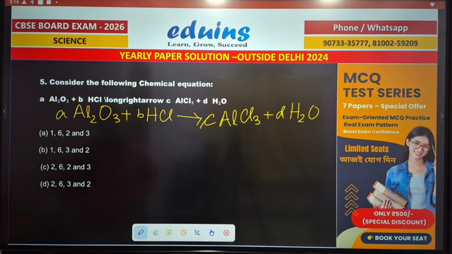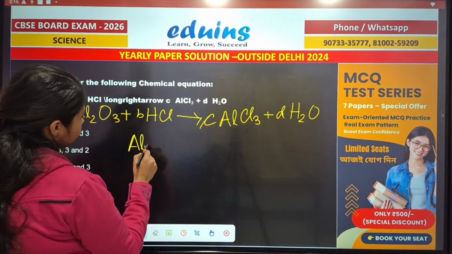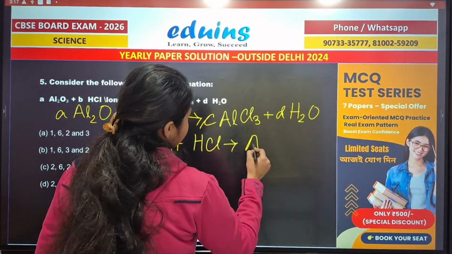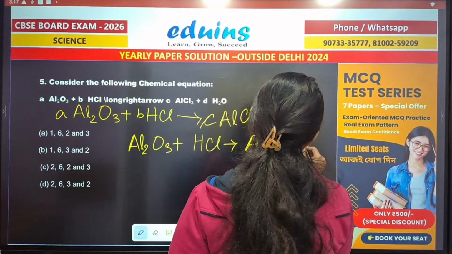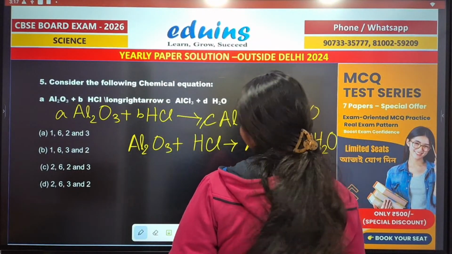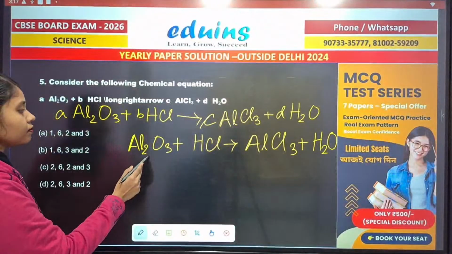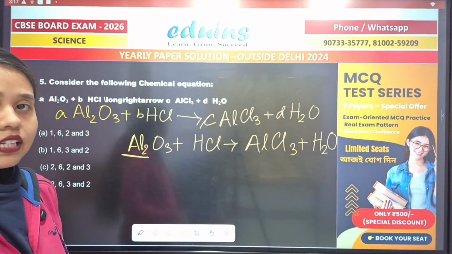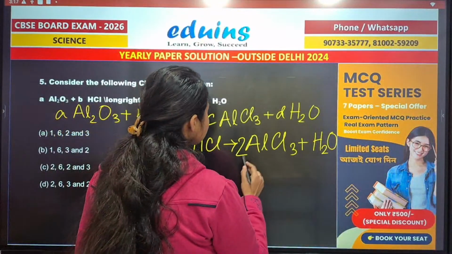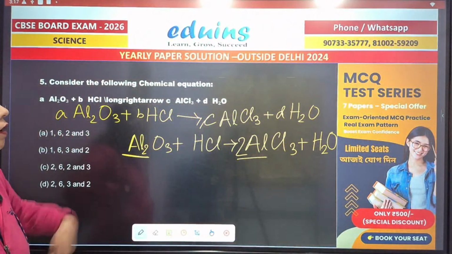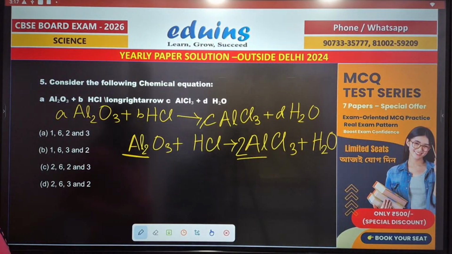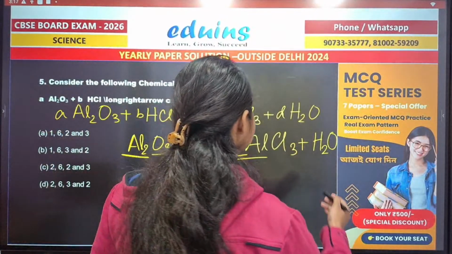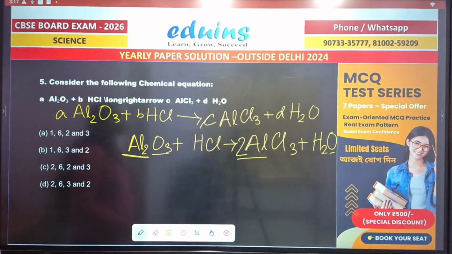At first, Al2O3. We have to balance the equation. The number of aluminium atoms on the left side is 2 and on the right is 1. This is not balanced, so we have to write 2 here. So there are 2 aluminium on the right side and 2 on the left side, and there are 3 oxygen atoms, and on the right only 1 oxygen atom.